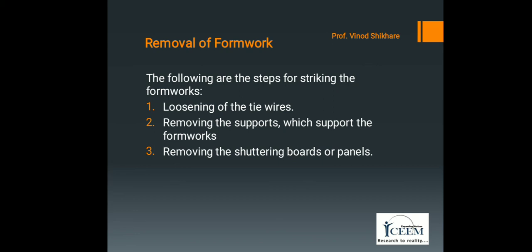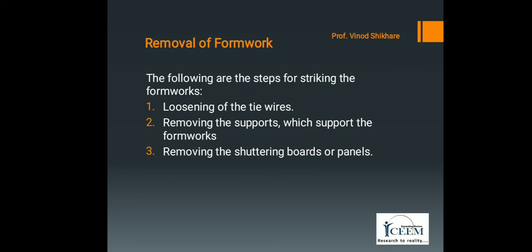The steps for striking the formworks: first is loosening of the tie wires, second is removing the supports which support the formwork, and last step is removing the shuttering boards or panels.